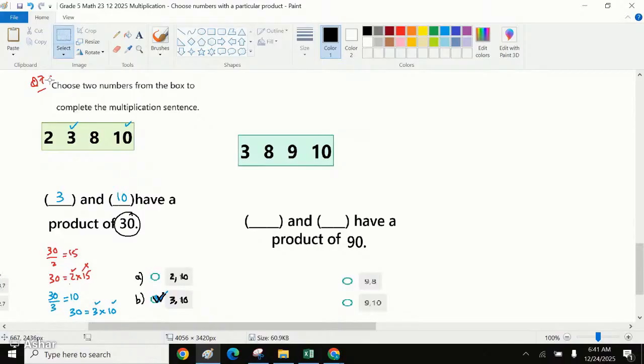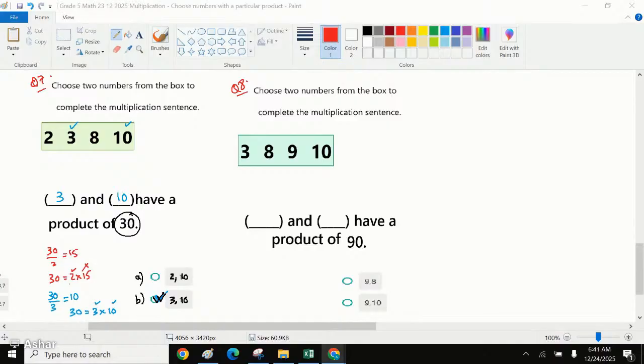What we need to do is choose any 2 numbers. So what is the answer to question number 8? We need to choose 2 numbers from the box to complete the multiplication sentence.